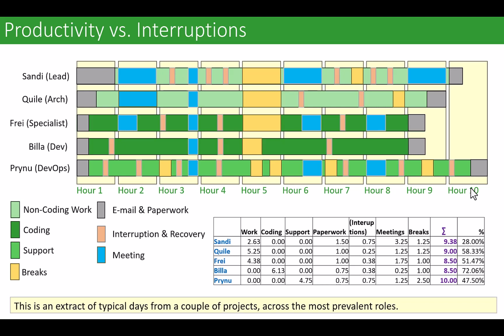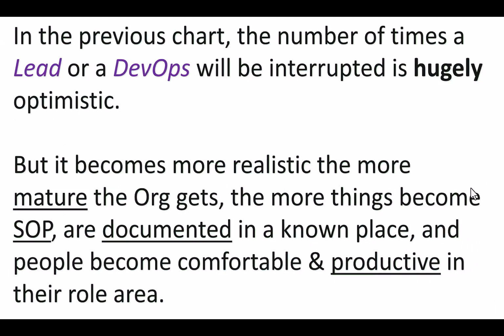You have to really think about the role and how much heads down time they're going to get. Billa is the only one on the team that seems to get decent intervals of heads down time, and even they have some interruptions. You should also think about this, which is that a lead or a DevOps is essentially there to serve other people on the team in different ways.